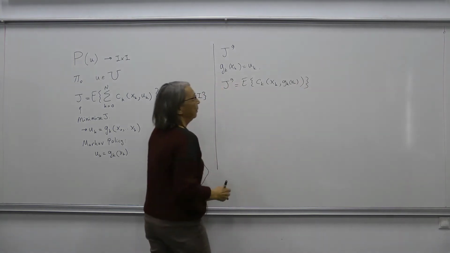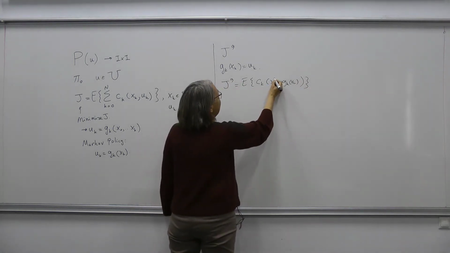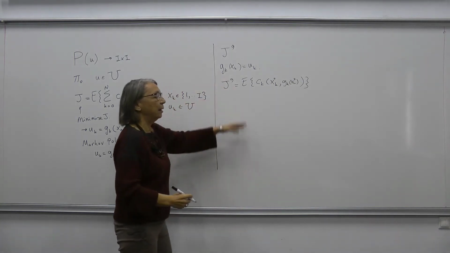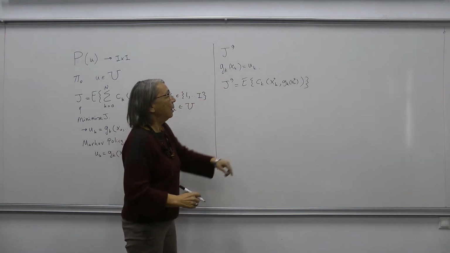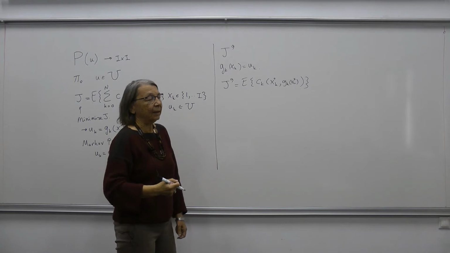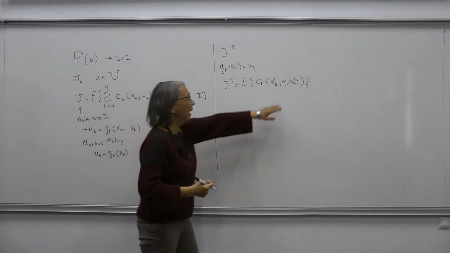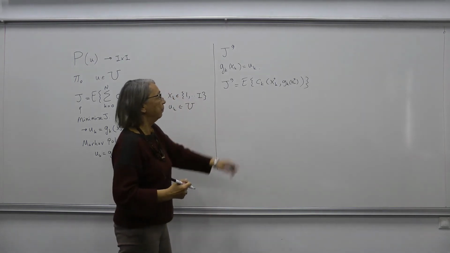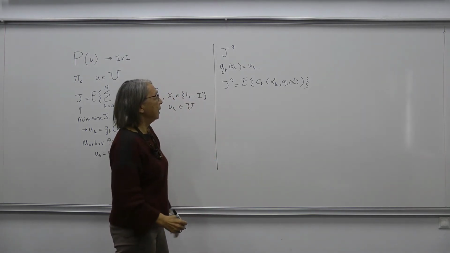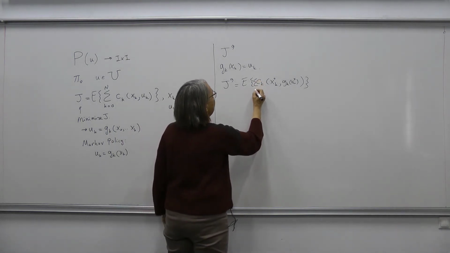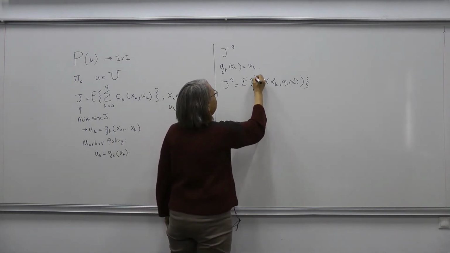Usually, a G is written here, but I will not do that in the rest of this time, to emphasize that this xk depends on the law that we have selected, and of course also the UK. So this is our Jg, and that is the summation, k from 0 to n.